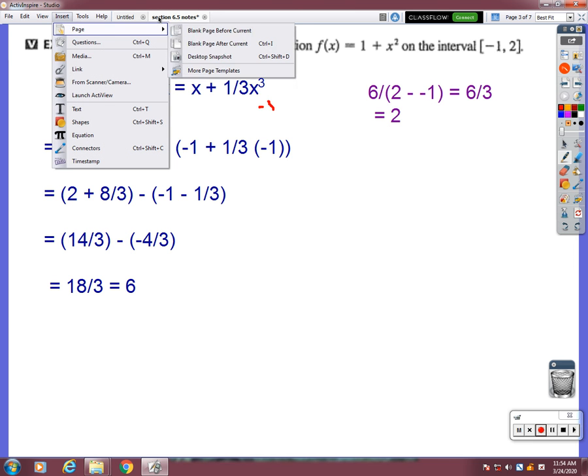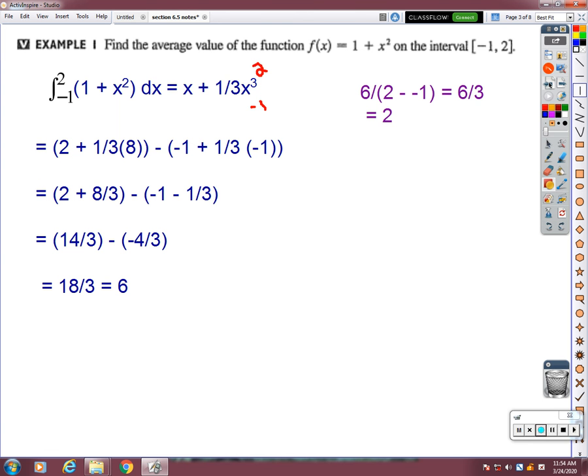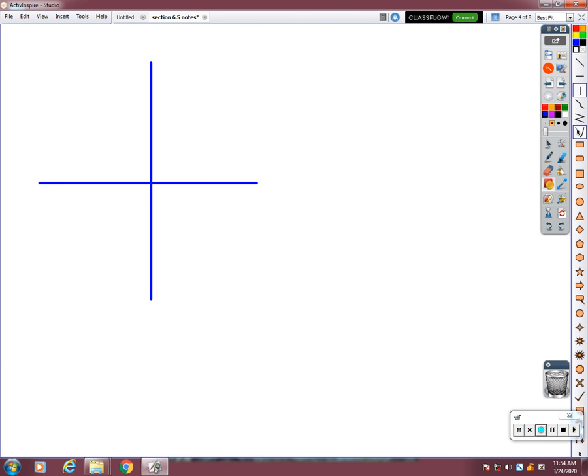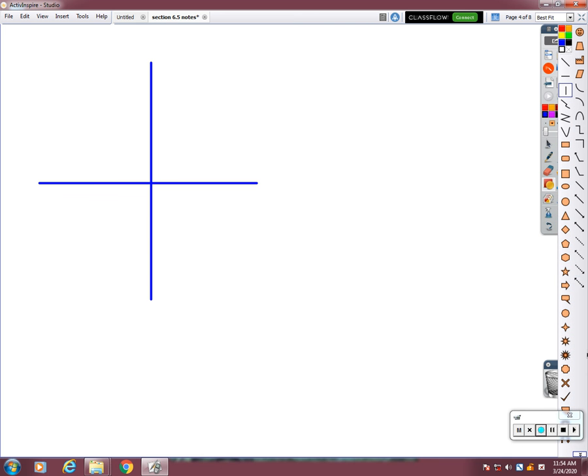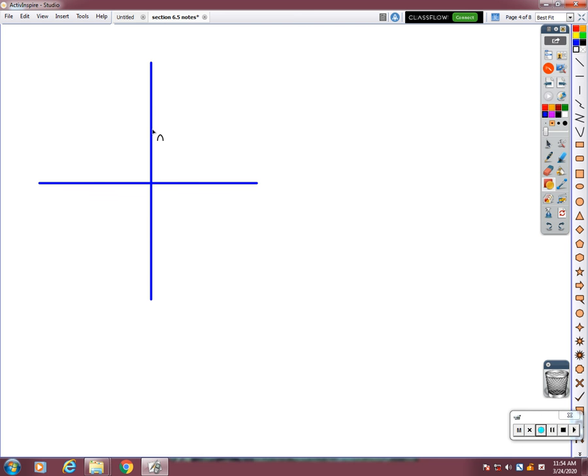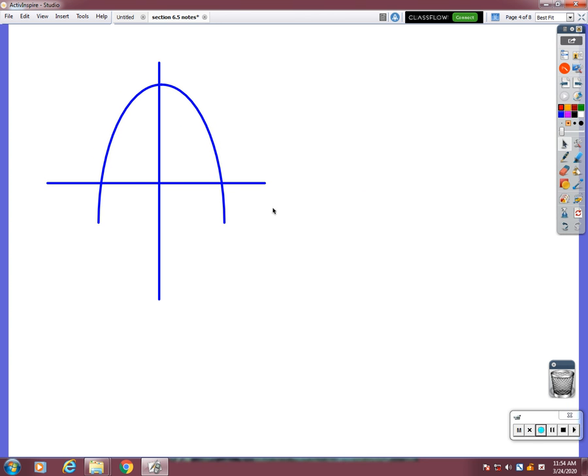And so what's really happening there is, if we take a look at the graph of 1 plus x squared, that is obviously a parabola that crosses the y-axis at 1.